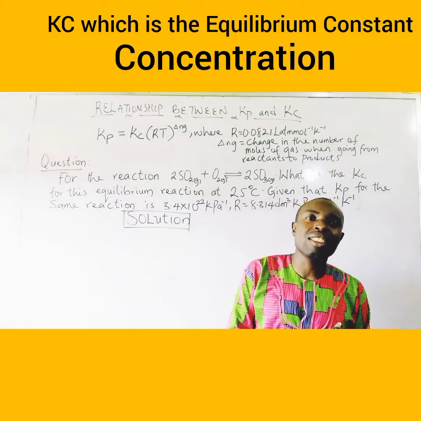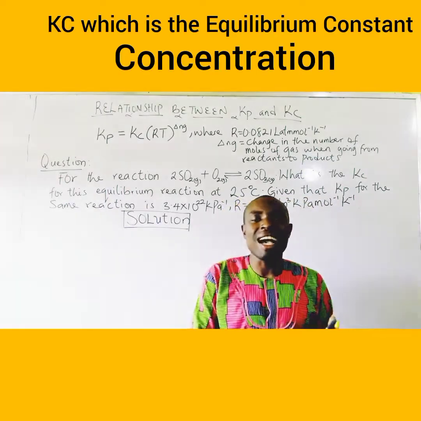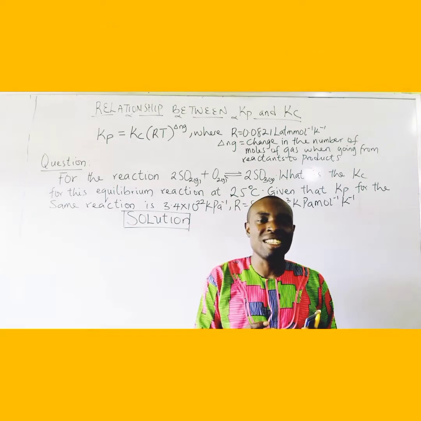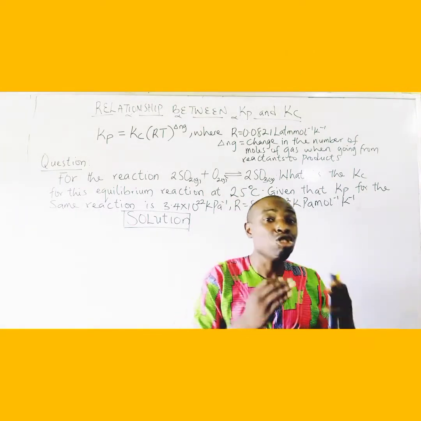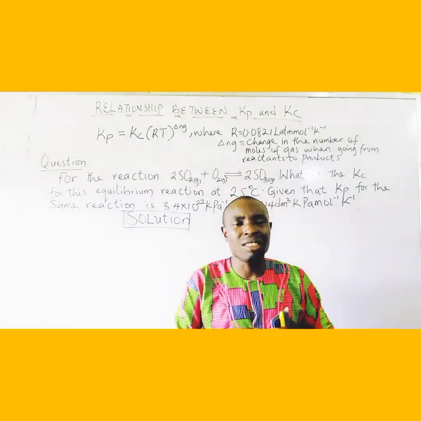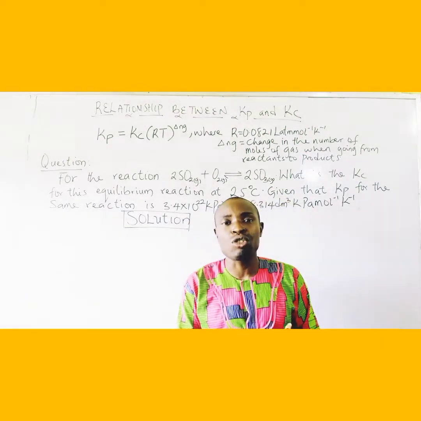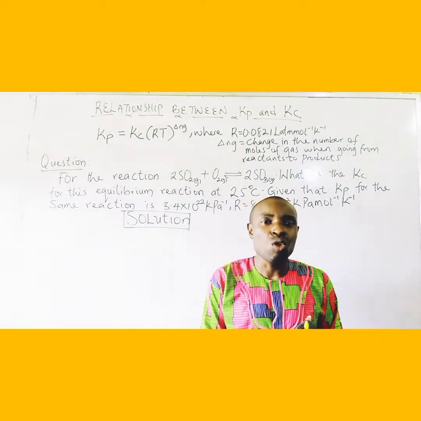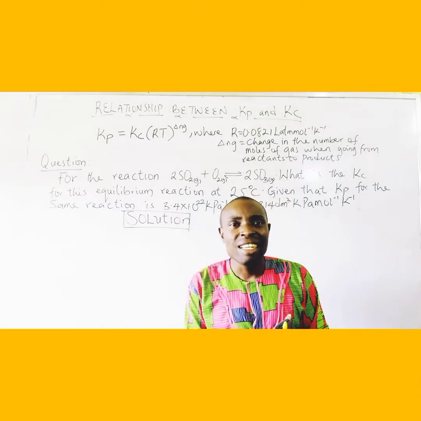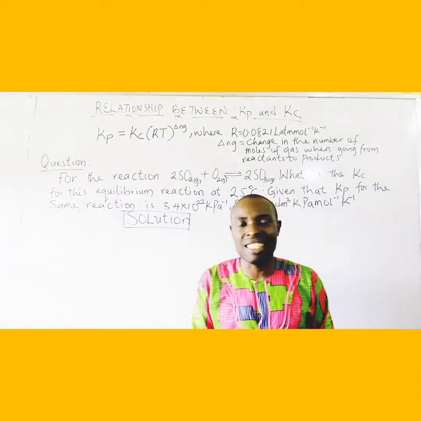We should understand that the Kp and Kc of gases are usually not the same. On that very note, there is need for us to understand how to relate the Kp and the Kc.